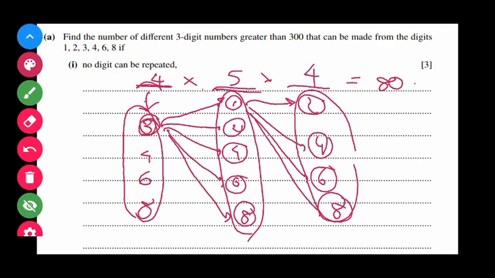If first place 3 and second place 2 are chosen, the next arrangement will be 1, 4, 6, 8. Suppose first place 6 and second place 4 are chosen, the next arrangement will be 1, 2, 3, 8. So there are 80 arrangements in total with no digit repeated.